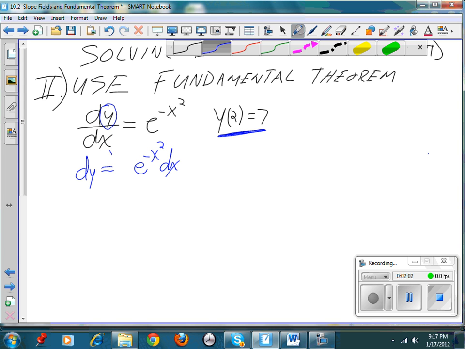Next step, right, we're going to integrate both sides. Integrate the left side, I get y is equal to the integral of e to the minus x squared dx. Well, how do we integrate that?